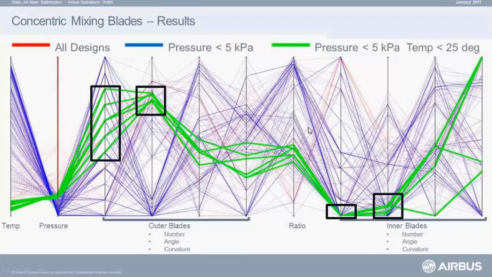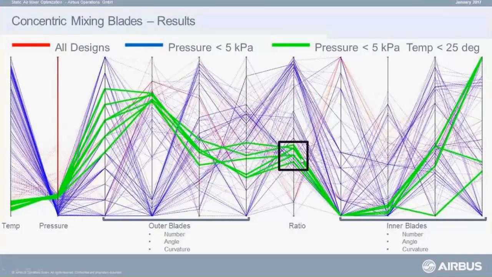Then looking at the curvature, we see that we have a high angle of attack of the plates in the outer region, whereas we have a small angle of attack for the inner plates. And further on, we can see that the diameter ratio of the inner and the outer part is always in the range of 0.5. That means that a quarter of the area is outside.